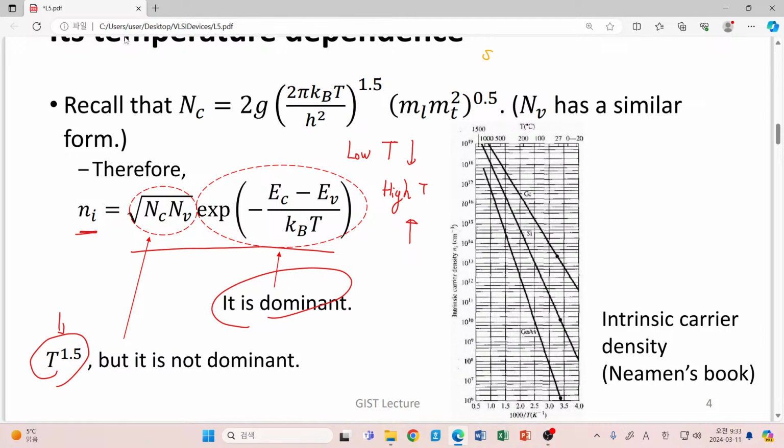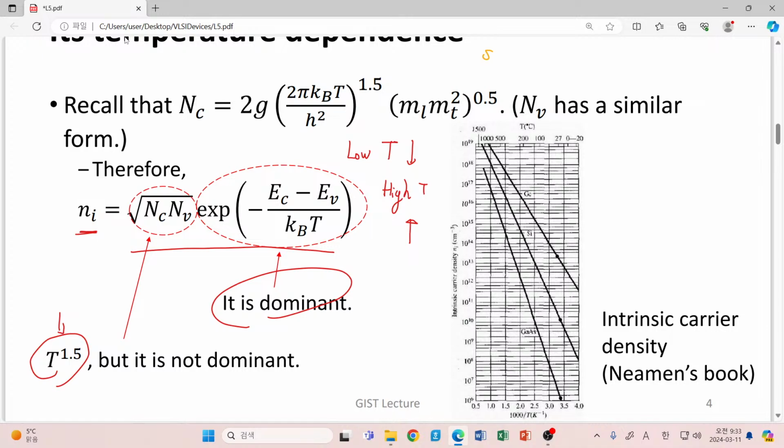So now think about this one. Although we are working with devices operated at 300 Kelvin or a similar temperature range, when we actually fabricate this device, we usually apply a much higher temperature.